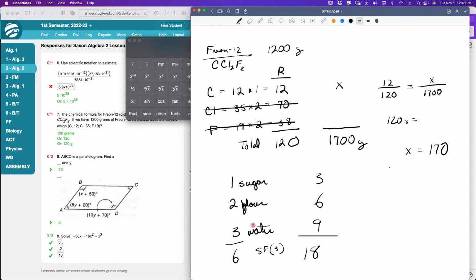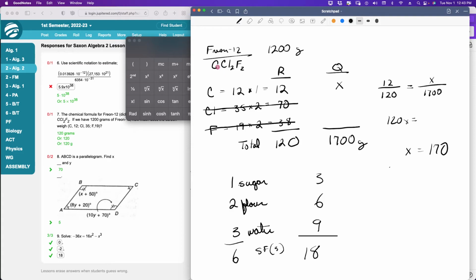It is this, but sometimes the numbers just don't line up for you to do an easy scale factor, and you've got to do that proportion and that cross multiplication. Setting it up like this, where you have a ratio, you understand the parts of your recipe, because that's all chemistry is, it's just a recipe.